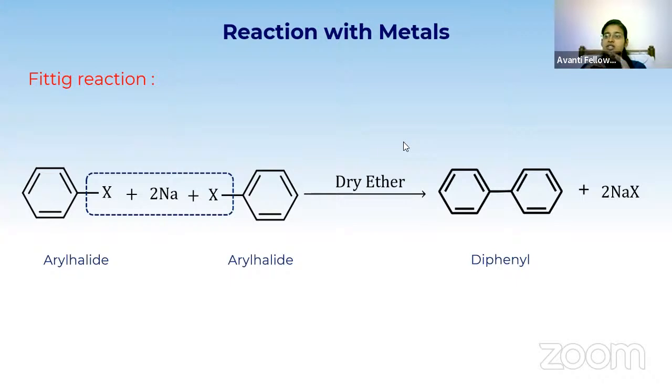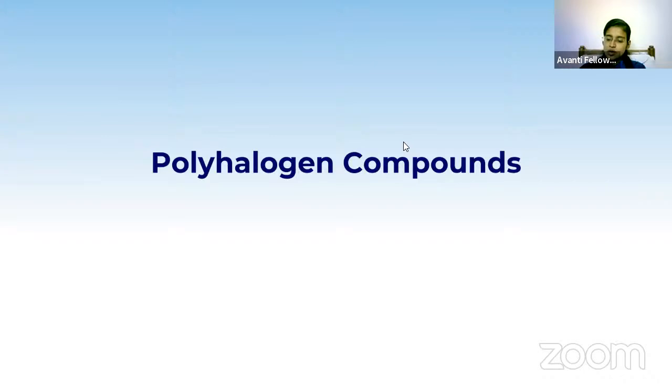The last topic of this lesson is polyhalogen compounds. I hope all the 3 reactions of haloarenes are clear to all of you. Do you have any doubts from nucleophilic, electrophilic substitution and reactions of metal, students? Shall we go ahead with the polyhalogen compounds?